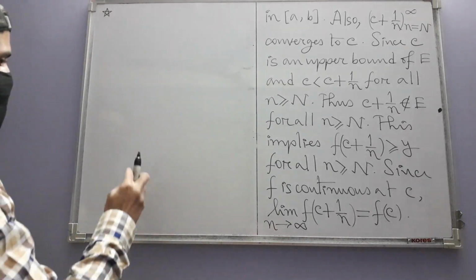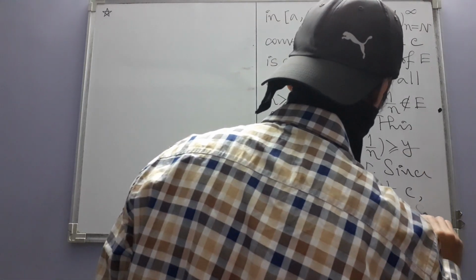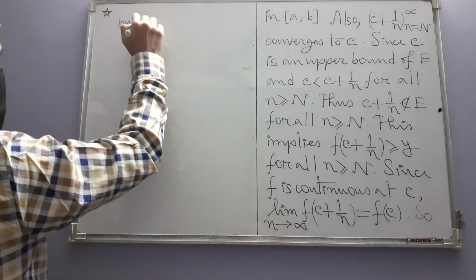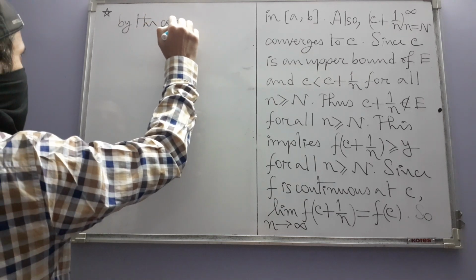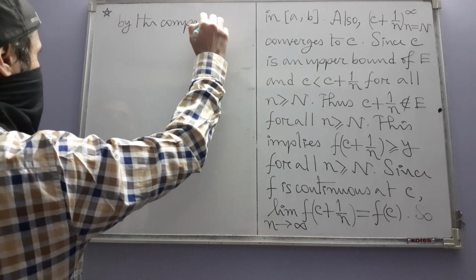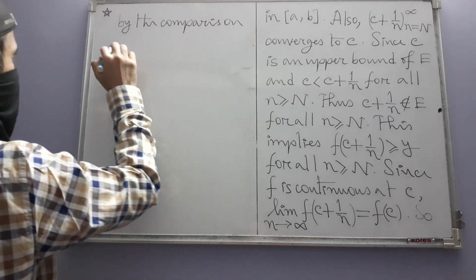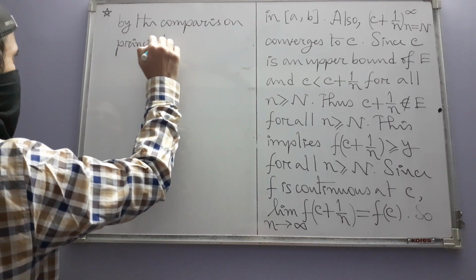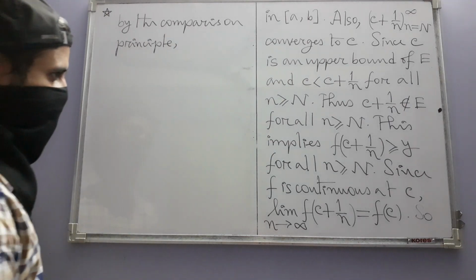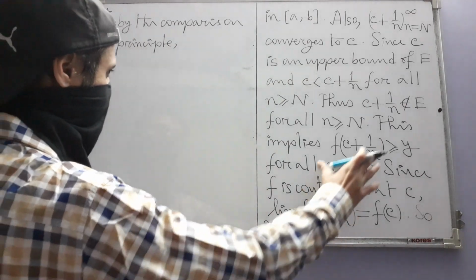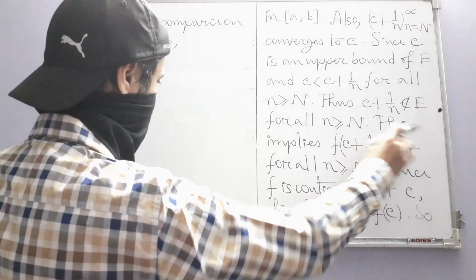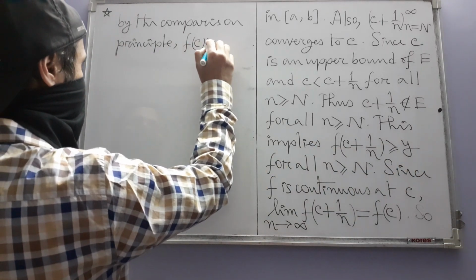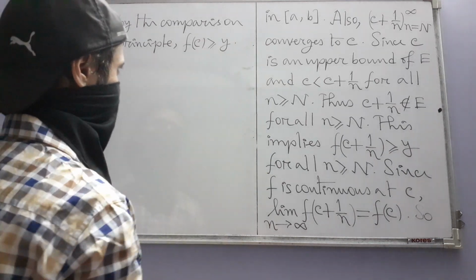So by the comparison principle, the limit of this is greater than or equal to y, that is f of c is greater than or equal to y.